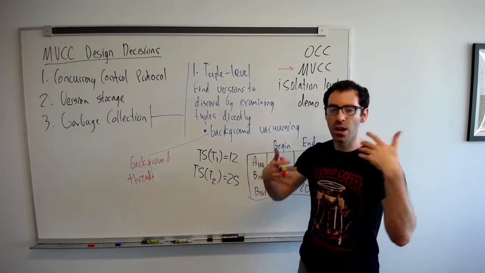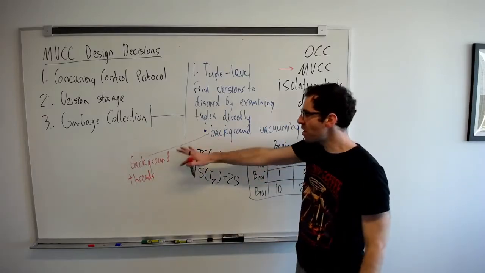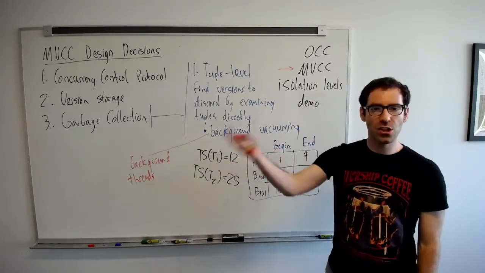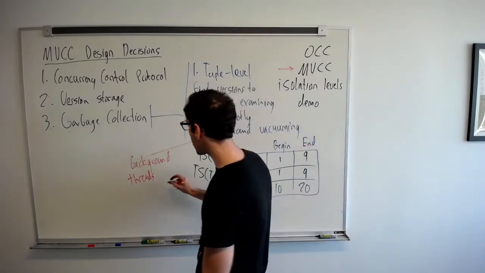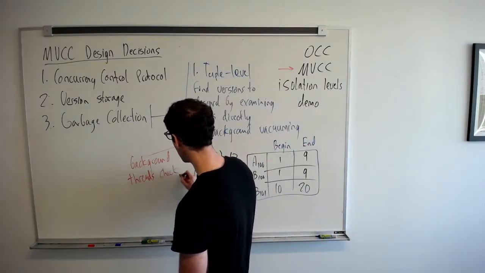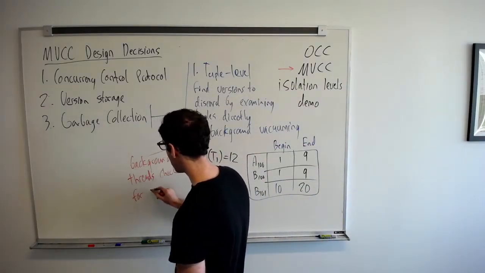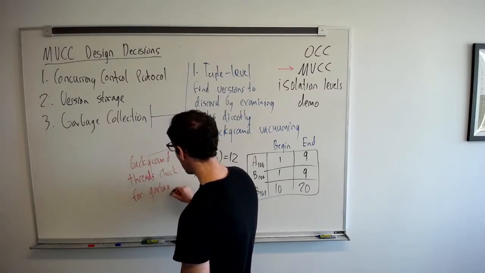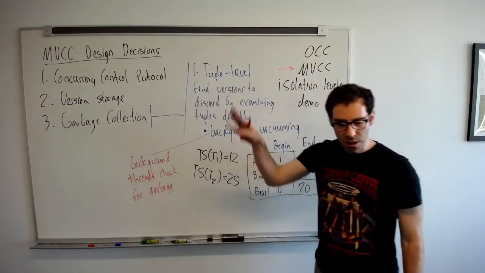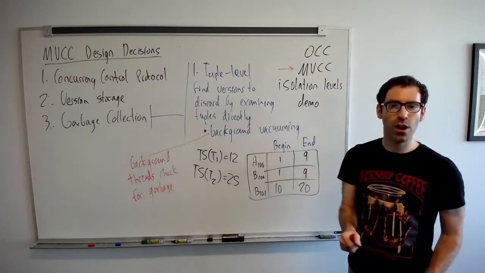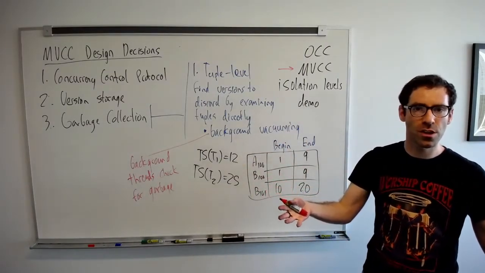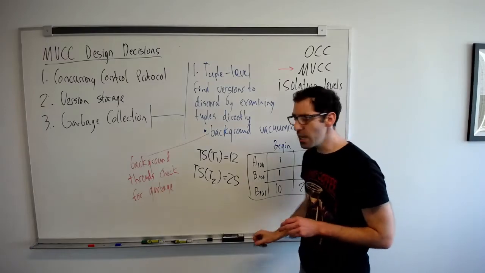They're not executing operators or anything else. We're just keeping them around to occasionally run something in the background. They're periodically going to scan through data and check for garbage, check for old versions of the data that we aren't going to need anymore.